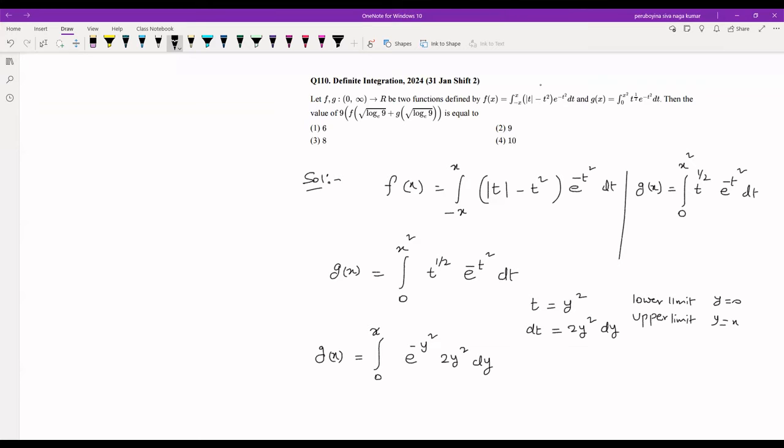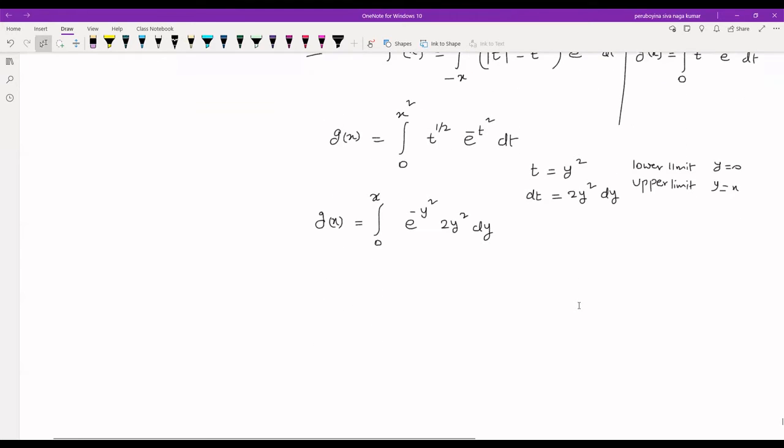Okay, and this one equals 2 times the integral from 0 to x. Convert into normal t values, you can change the variable, no problem. Y can be replaced by t, then t square into e power minus t square dt, you can write in the place of g of x.